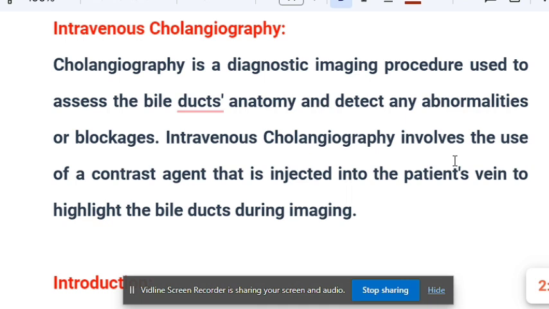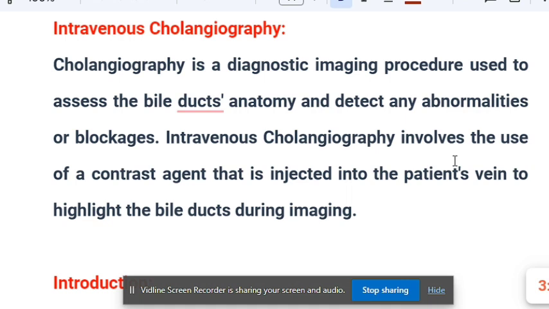Intravenous cholangiography involves the use of a contrast agent that is injected into the patient's vein to highlight the bile duct during imaging. But one thing I would like to say, besides intravenous cholangiography, there is one more examination known as oral cholecystography, and that examination also provides the same image.